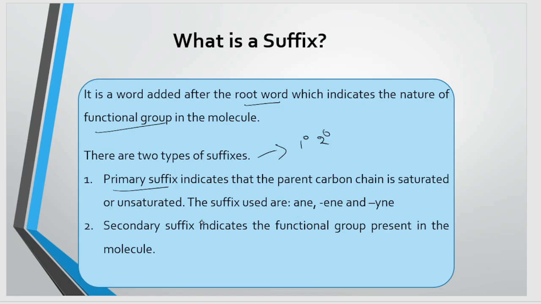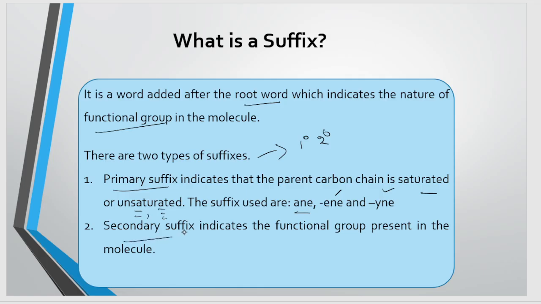Saturated means the compound has all single bonds between the carbon atoms, which is represented by the suffix "-ane", whereas unsaturated means double bond or triple bond compounds, which are represented by the suffixes "-ene" and "-yne" respectively for double bond and triple bond.